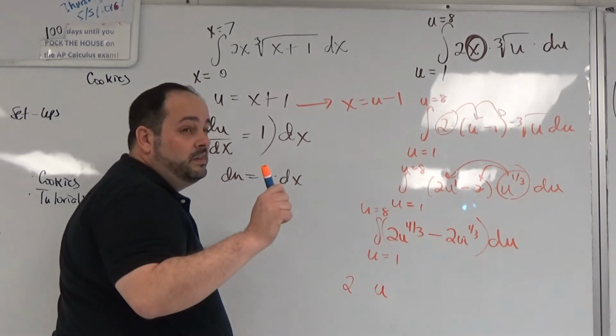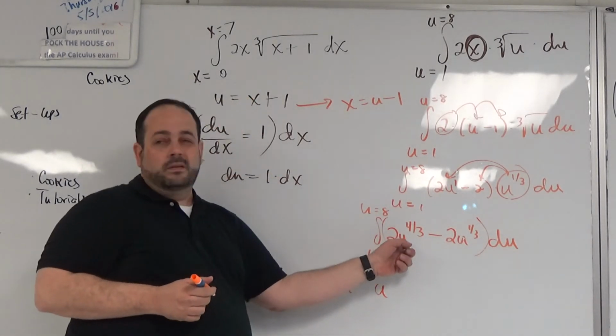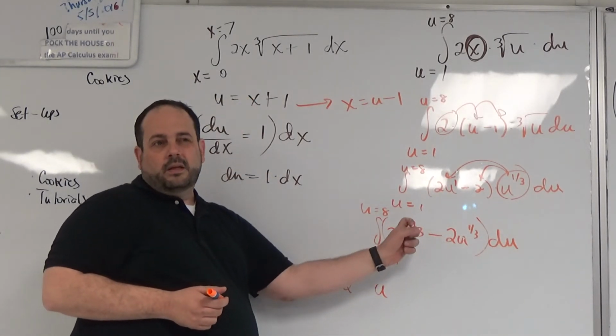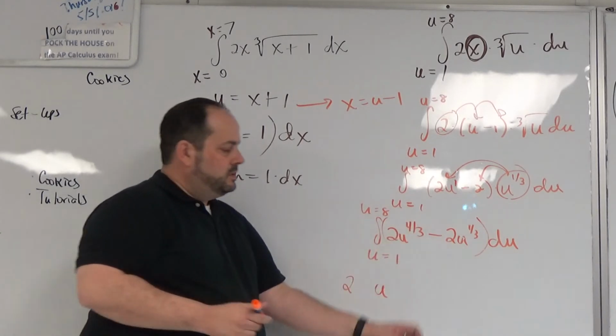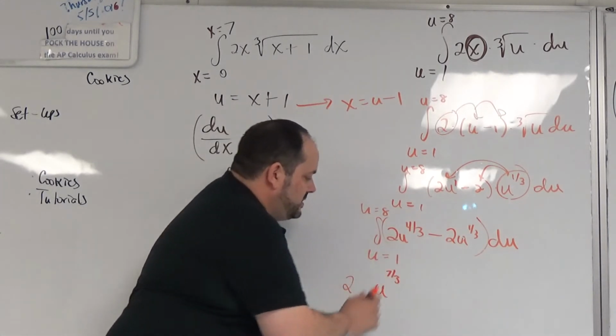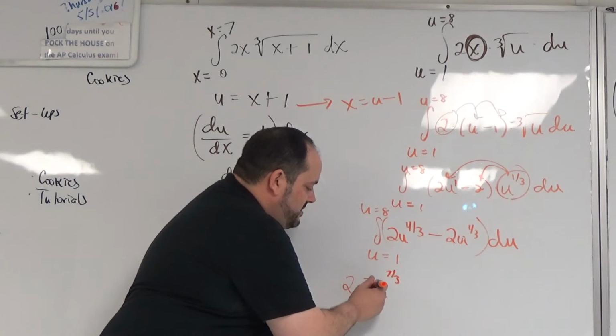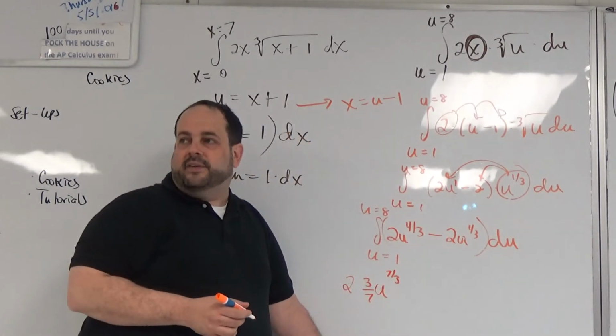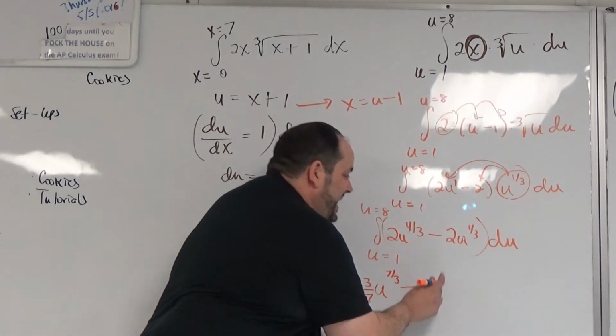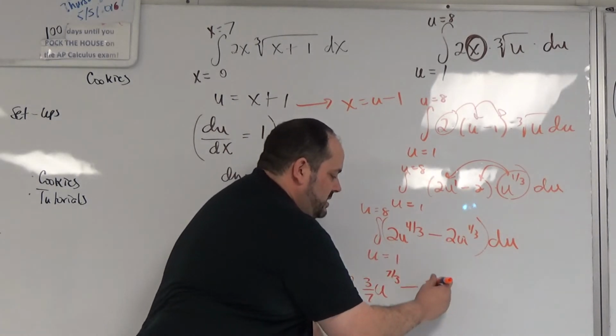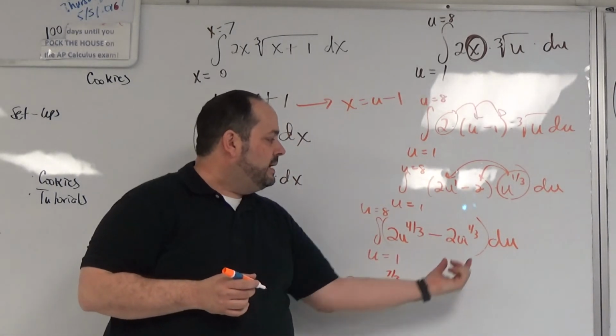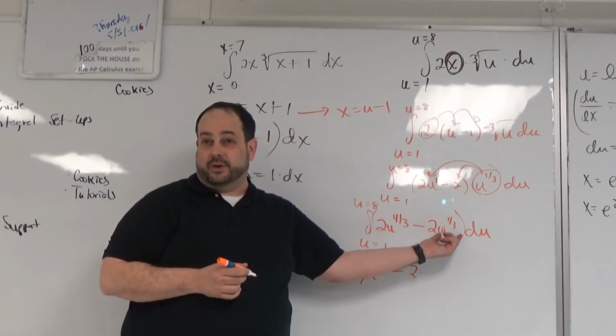Let's see. Add 1 to the exponent first. So that's 7/3. Divide by the new power, 3/7. Minus, that's the nice thing about subtraction and addition problems, I can just integrate now. Antiderivative of u to the 1/3.